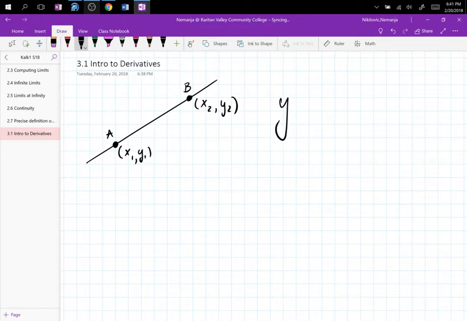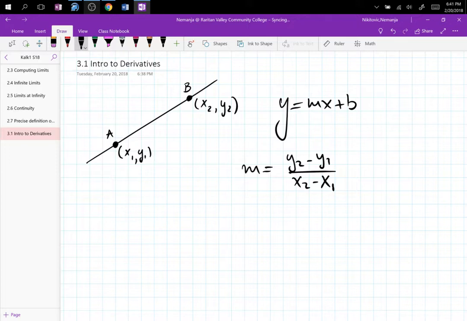And you are able to write y equals mx plus b because we have a formula for slope, y2 minus y1 over x2 minus x1, which is in charge to find the slope. Once you find the slope using those 2 points provided to you, you can use one of the points as an x and a y, and you have computed m, so you can find b, and you can write the equation of the line. So if you have 2 points, you can definitely find the equation of the line by following these simple rules.